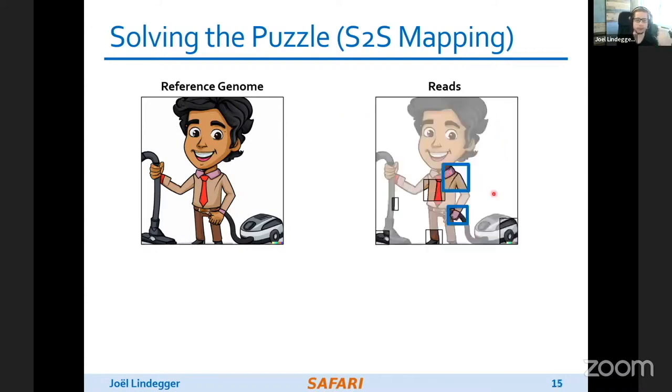So what does that mean for mapping? Well, there are still some reads that can be mapped correctly, right? So first of all, there are ones that just are unmodified because a large fraction of the genome is still the same, even for different humans.